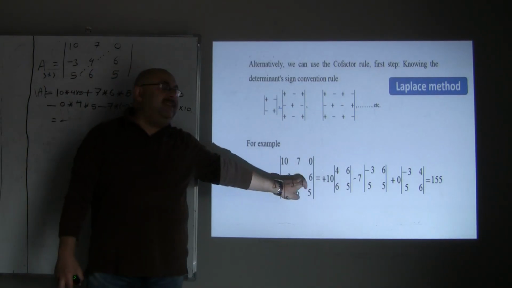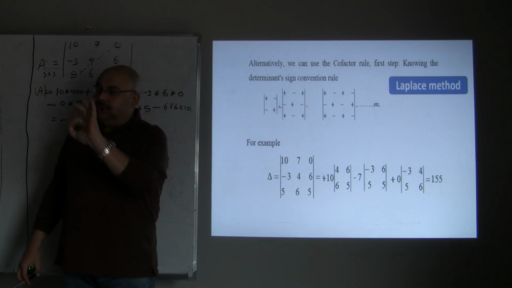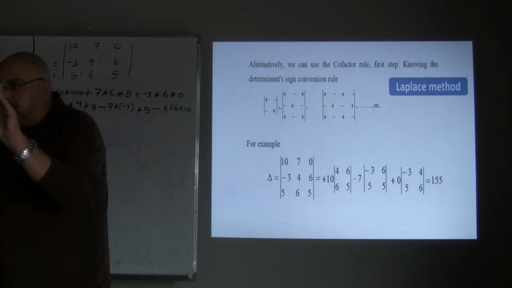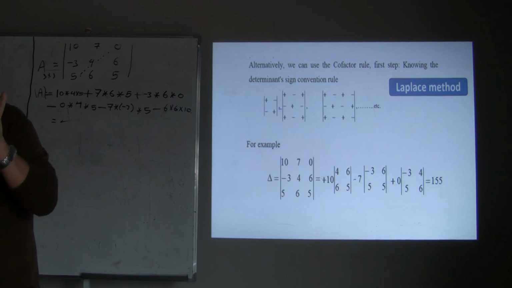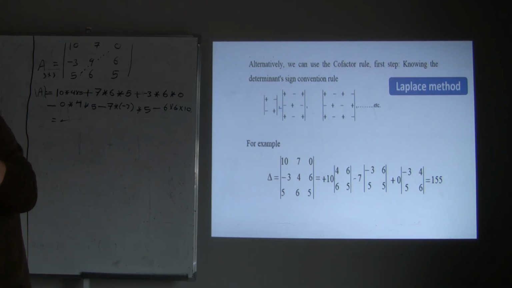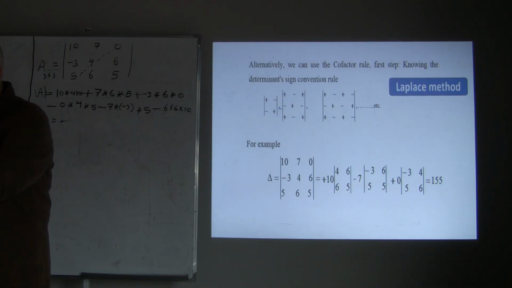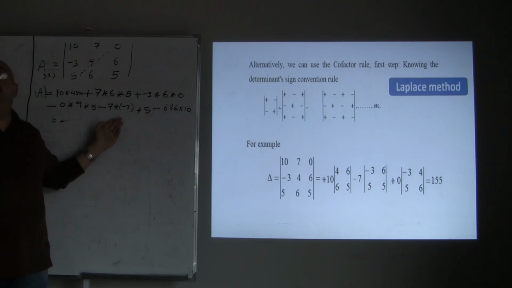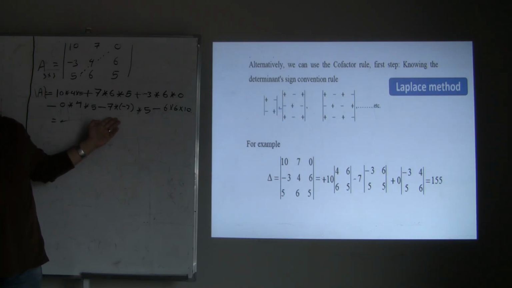You expand it into 3 determinants, 2 by 2. So if I have a 4 by 4 determinant, it means I will have to expand it into 4 determinants. Each one of them will be 3 by 3. Okay? So 3 by 3 for each one of them. This is going to be simpler for you to evaluate.